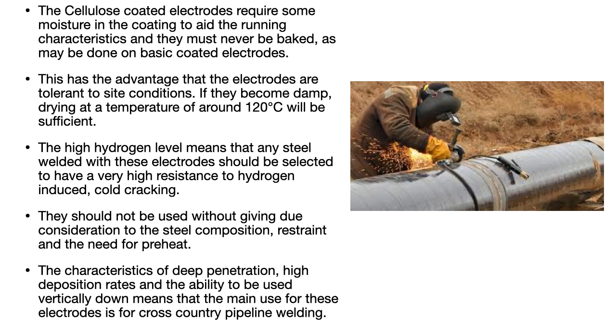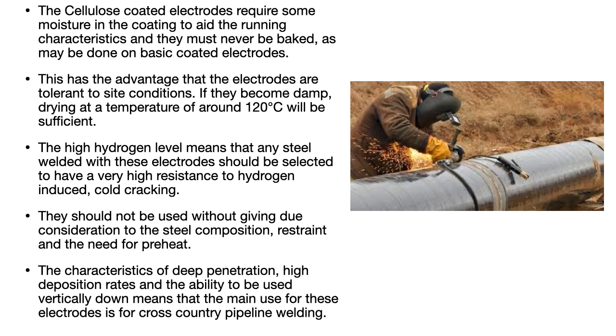The hydrogen content is at the same time not a desirable thing, because as the hydrogen content increases, the chances of hydrogen cracking increase. So we shall have certain preheating procedures, and the selection of steel shall be such that it is resistant to hydrogen induced cracking, or the steel itself has low affinity towards hydrogen.